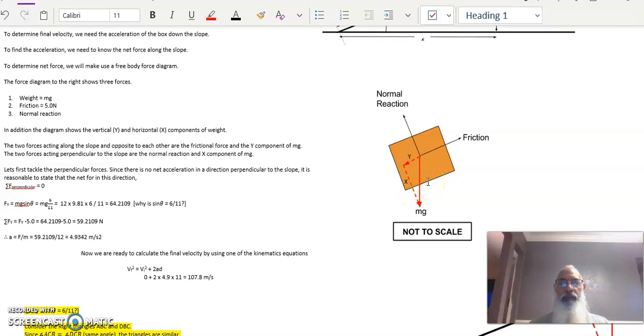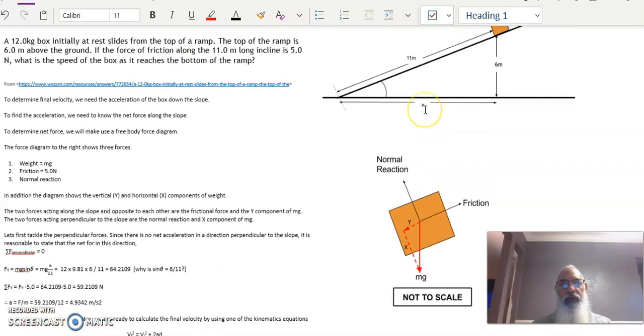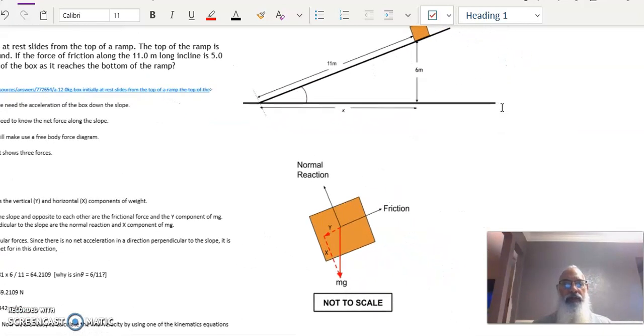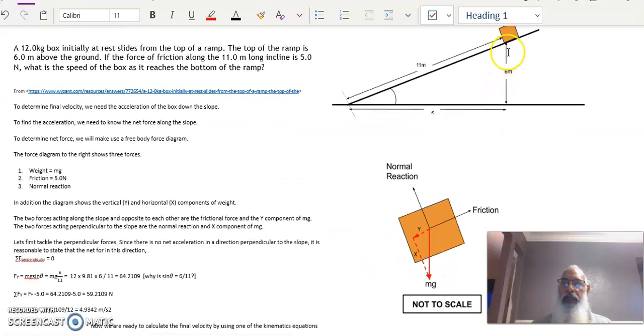Now, since we know that the box is not accelerating up away from the slope or into the slope, like it's not jumping up or burying itself into the slope, we can safely say that the forces perpendicular to the slope are equal, or the net resultant force acting perpendicular to the slope is zero. And so we have sigma F perpendicular equals zero.